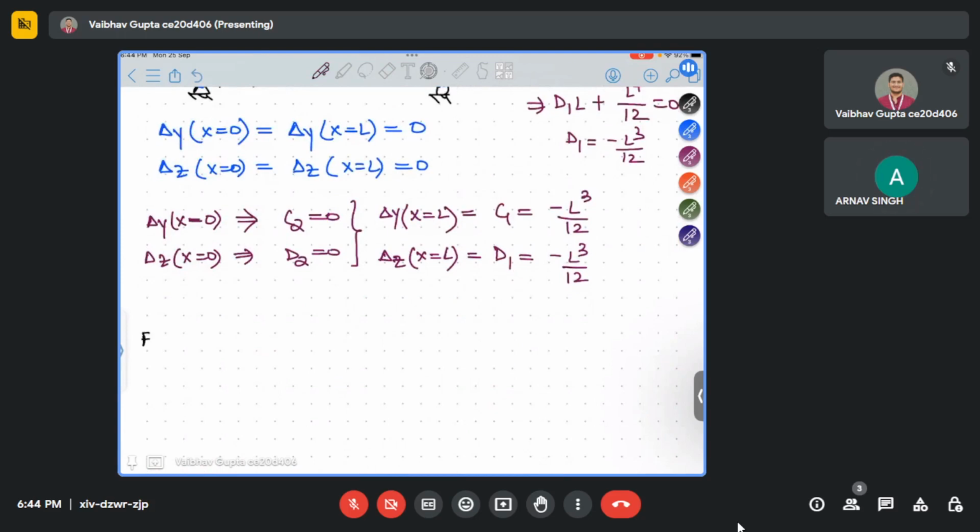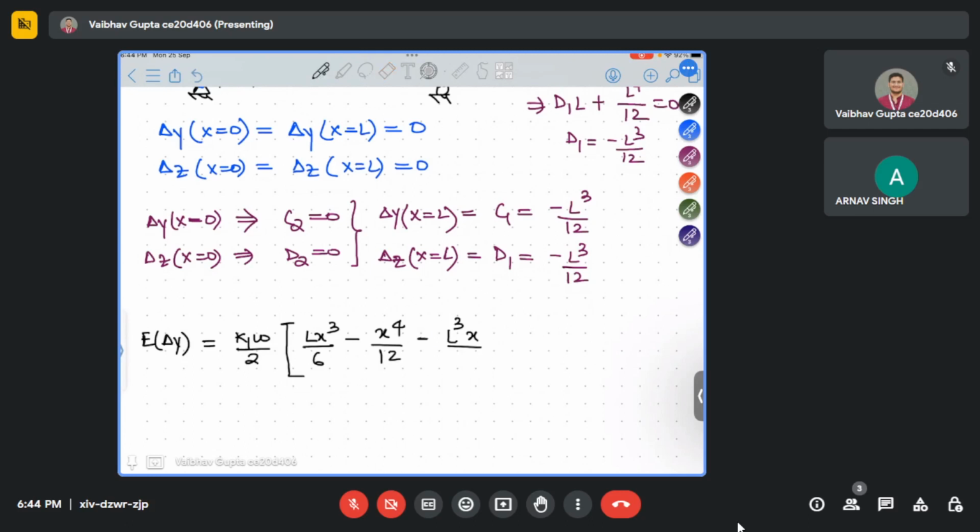So E delta y will become K1 W by 2 times (L x cube by 6 minus x4 by 12 minus L cube x by 12).